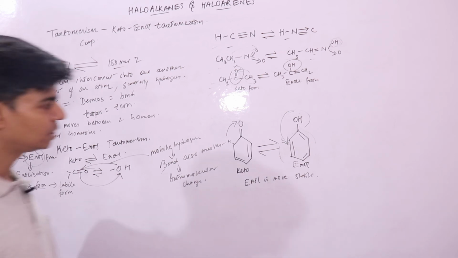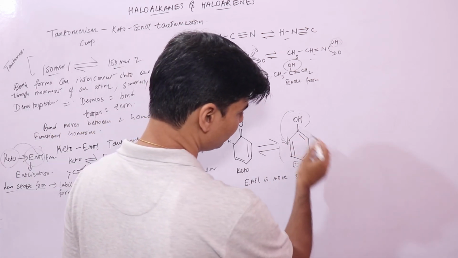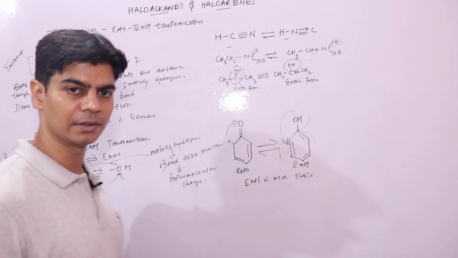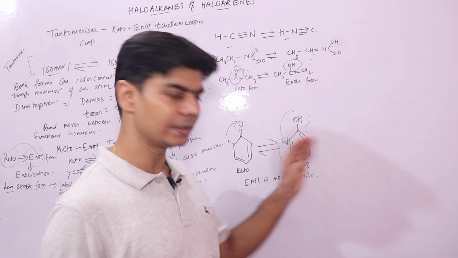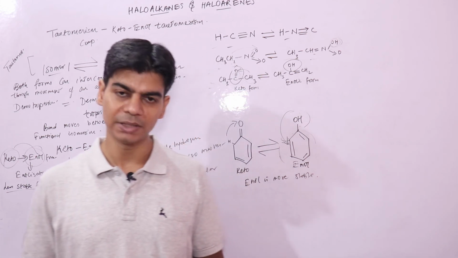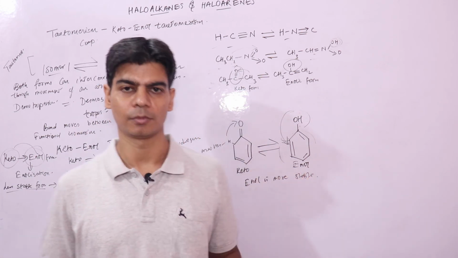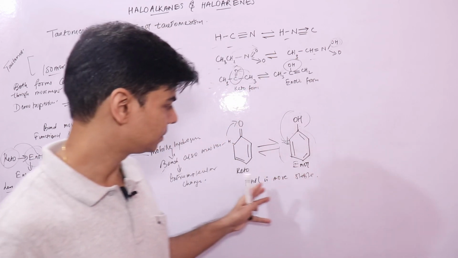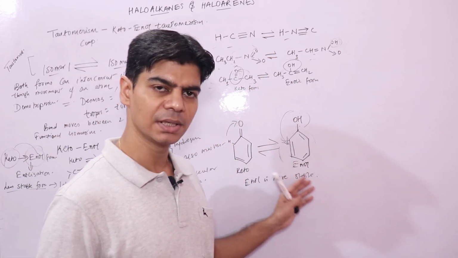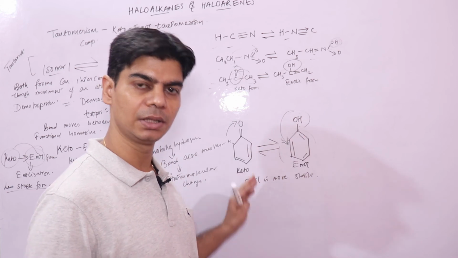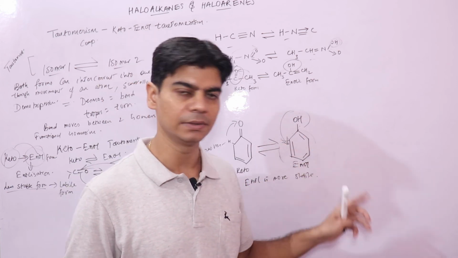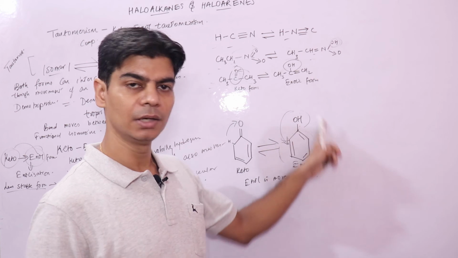We know that an aromatic ring is a stable ring. So due to the formation of the benzene ring, this enol form is more stable than the keto form. This is an exception, where the enol form is stable because the formation of the benzene ring gives stability to the enol form.